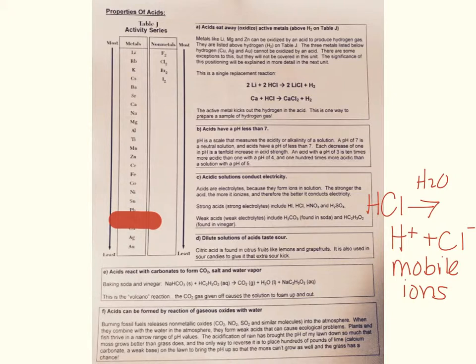Weak acids, on the other hand, like acetic acid, which is vinegar, or carbonic acid, H2CO3, do not dissociate in water, or they dissociate minimally, not enough where they'd really conduct any type of electrical current. I also said that they taste sour.